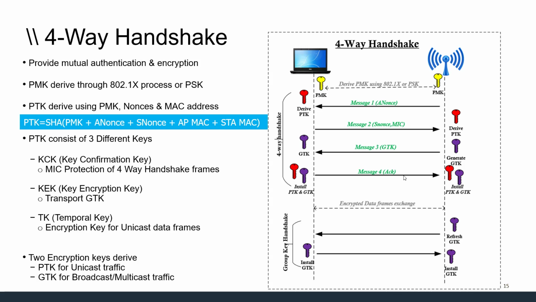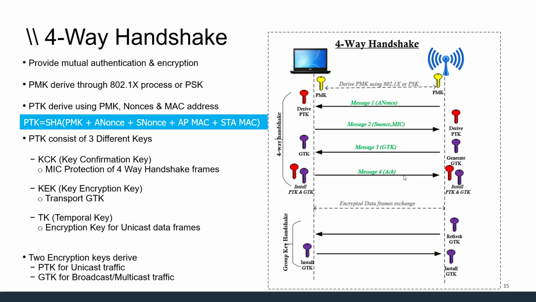In the first message, if you look at the diagram, you can see message number one going from the AP or authenticator to the supplicant. In that message, they include something called the ANonce. Once this ANonce value gets to the client or supplicant, it has all five parameters and can go ahead and calculate the PTK, or pairwise transient key.